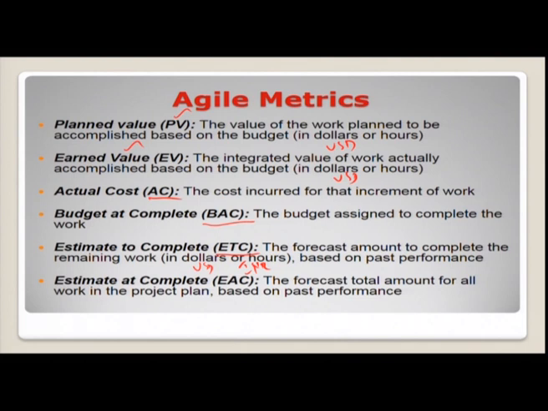It is based on the previous past performance. So my dear viewers, kindly take note of all these metrics. One is the planned value, second is earned value, third is actual cost, fourth is budget at complete, fifth is estimate to complete, sixth is estimate at complete.